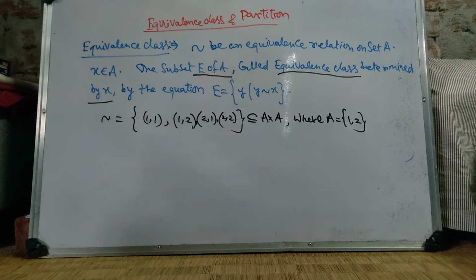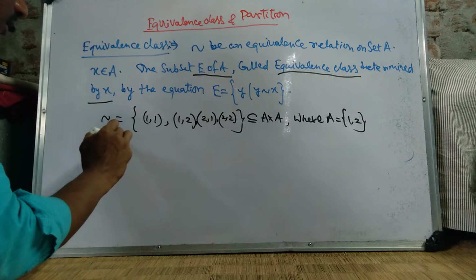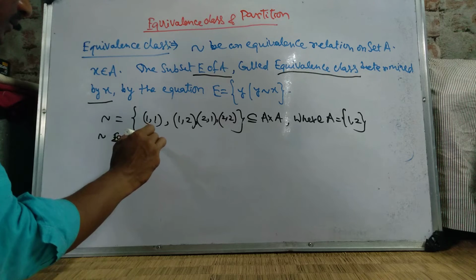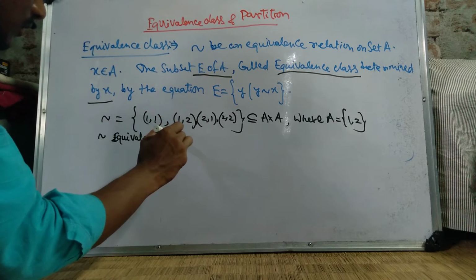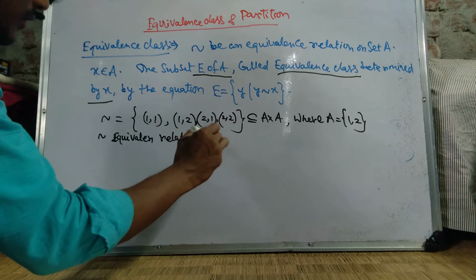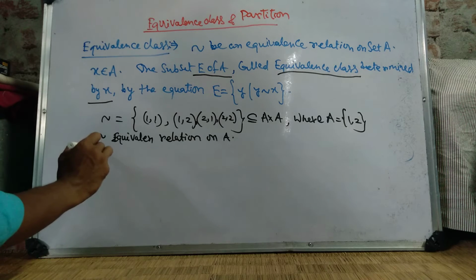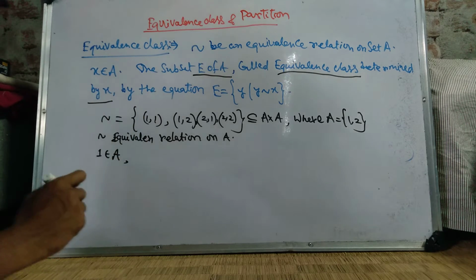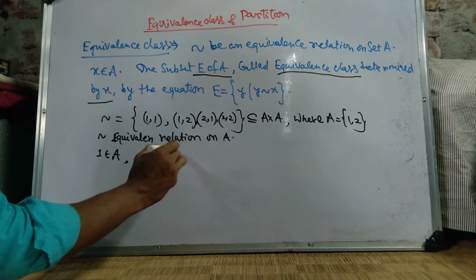Here delta is an equivalence relation on A. Now X belongs to A, that means 1 belongs to A. 1 is related to which element? 1 is related to 1 and 2.